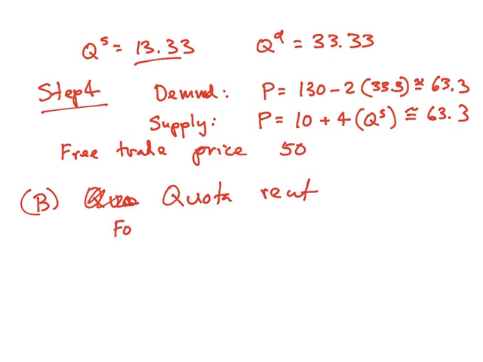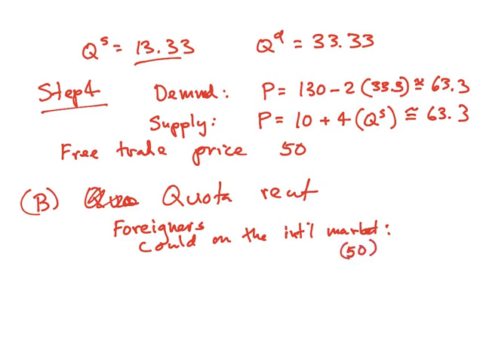So foreigners could get on the international market $50 times the 20 units, or 1,000. So if they take these 20 units that they are selling into this market, and sell them internationally, they can get $1,000.